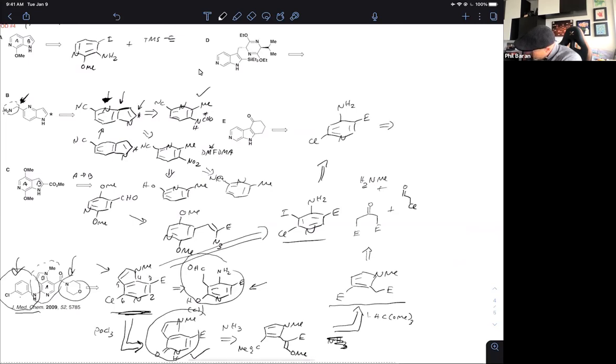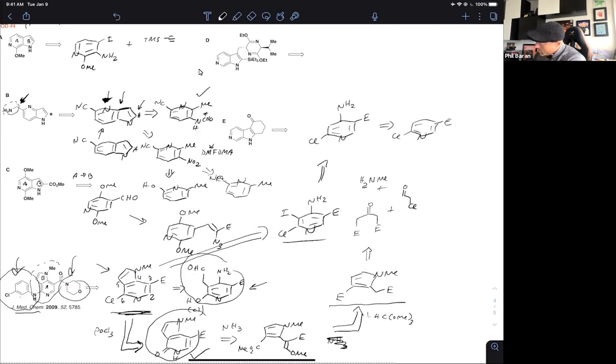And maybe this can be had from the corresponding N-oxide chemistry here, nitration, and then reduction to give the amino pyridine.